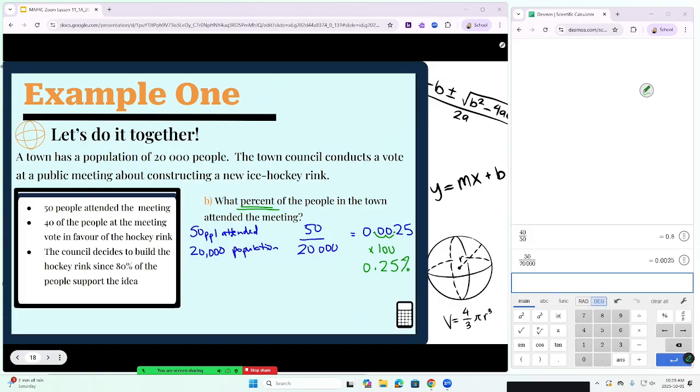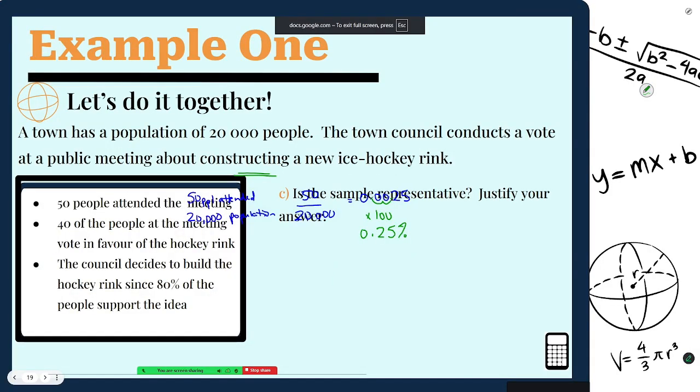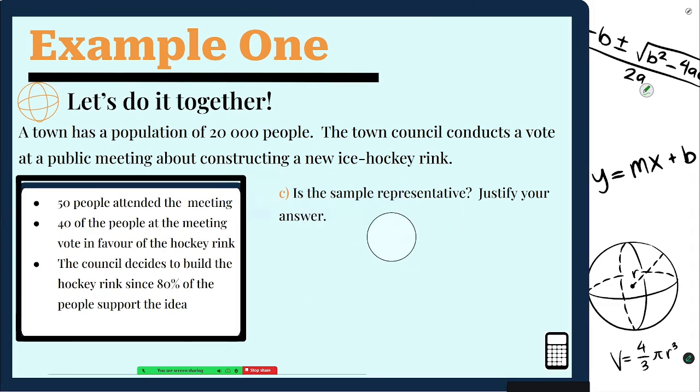So when you think of it that way, let's go to our next question here, which asks, is the sample representative? Justify your answer. When you're going through your key questions, if it says justify your answer, that means you're going to have to give a word answer. You need to explain. You can't just say yes or no. You have to expand.